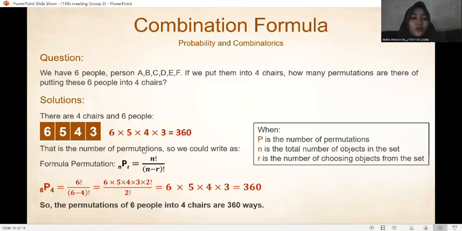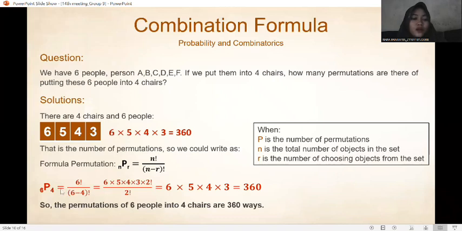So we call the formula for permutation: nPr equals n factorial divided by n minus r factorial. So n is 6, 6 people, and r is 4 chairs.